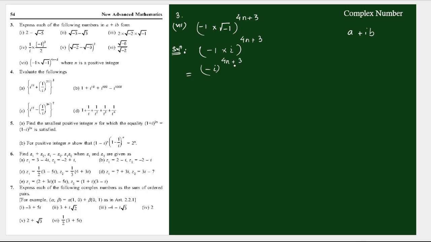Here we have got positive, so using the exponential formula we will get minus i to the power 4n into i to the power 3.